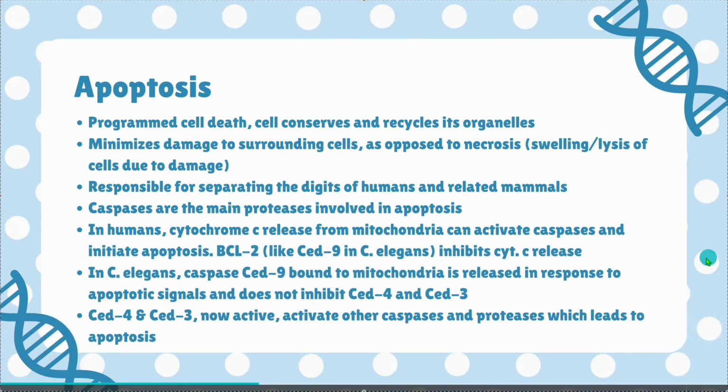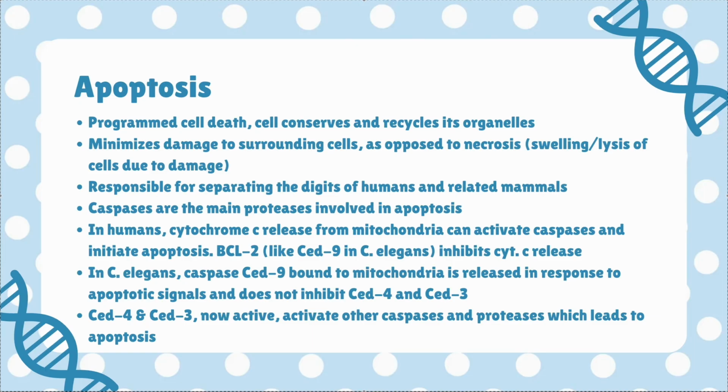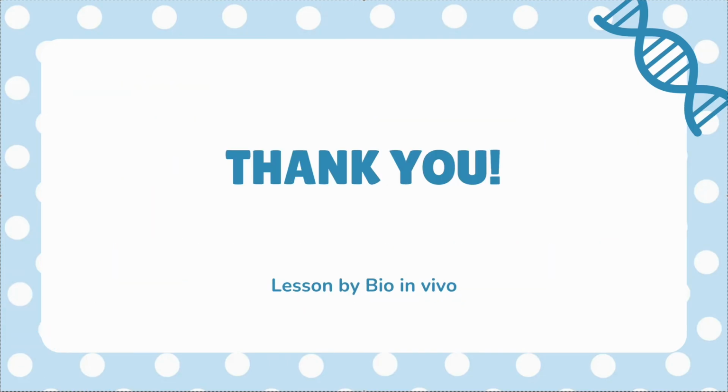The brake pedal is lifted. And then when these caspases are now active, they activate other caspases in the apoptotic pathway and further proteases and nucleases. And then they break down the nuclear lamina, DNA, RNA, proteins, organelles. And this leads to apoptosis.